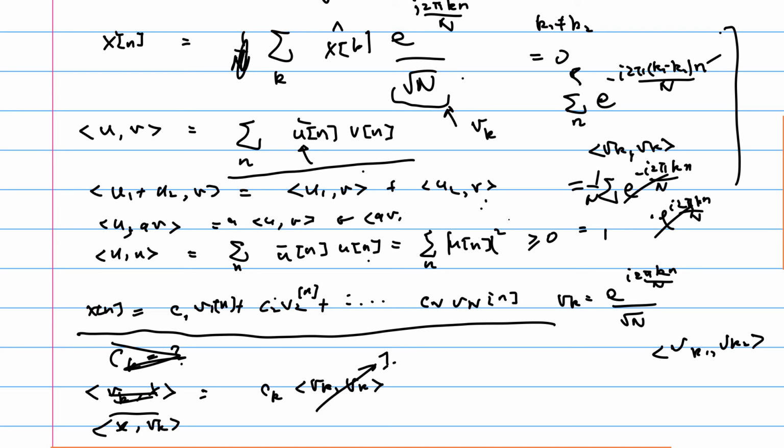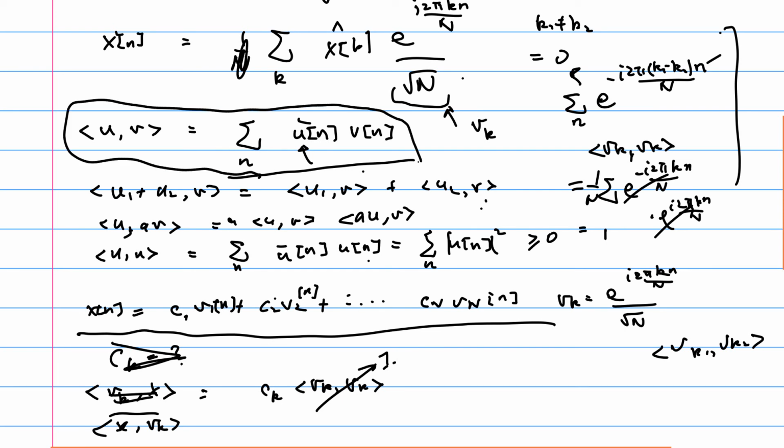Let me write this again. If you think of u and v, because this is the original definition, I need to put a complex conjugate on that guy.